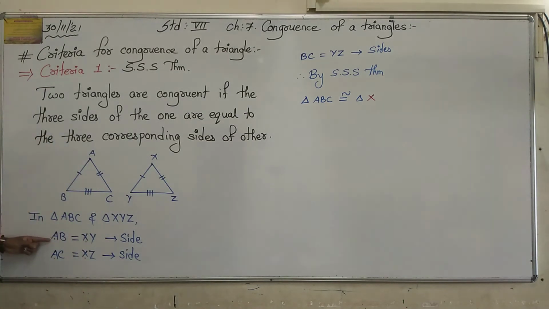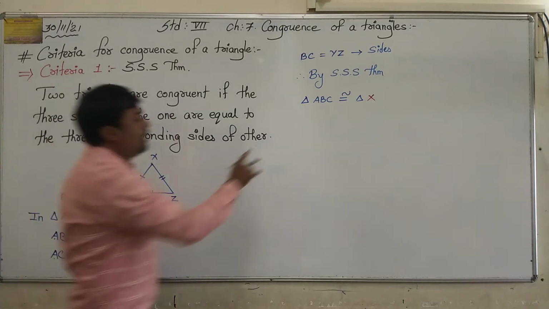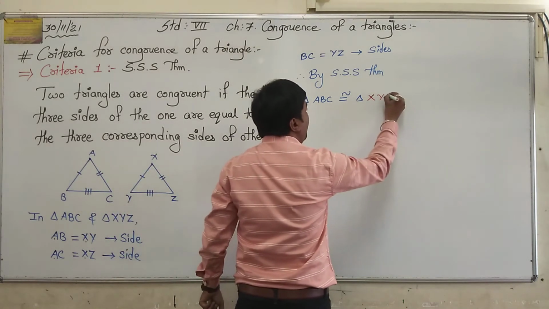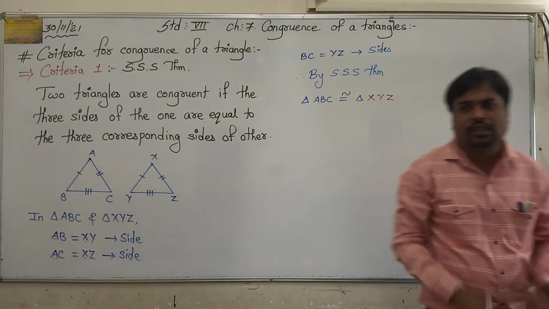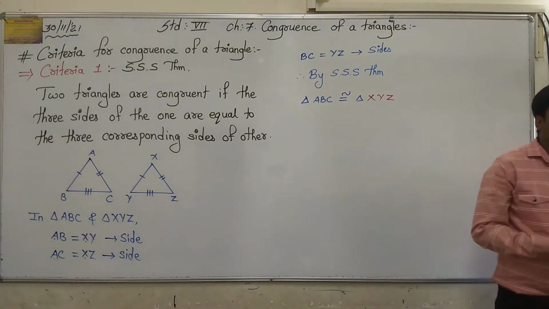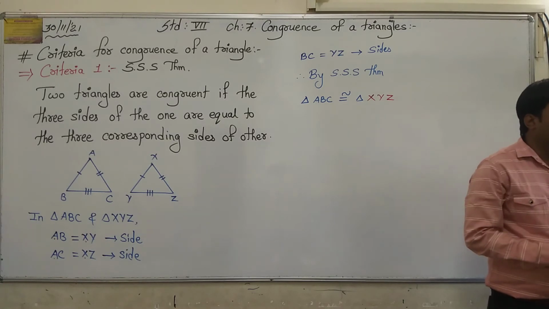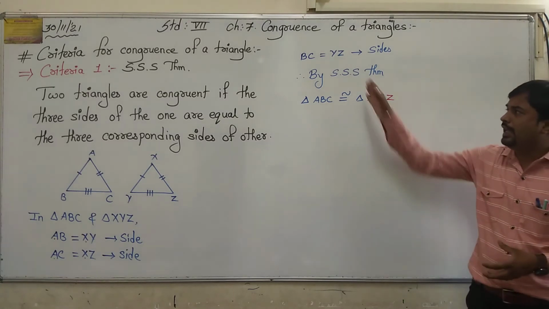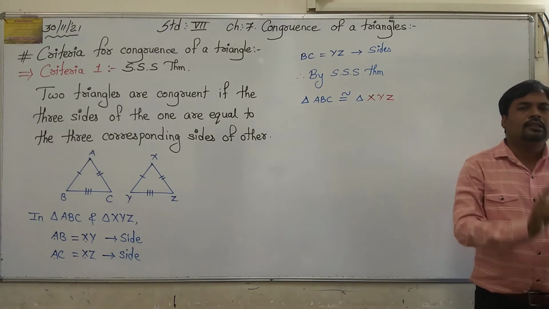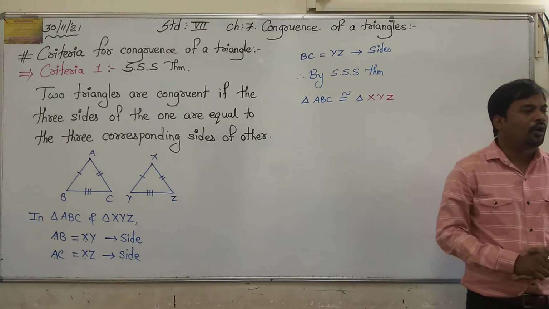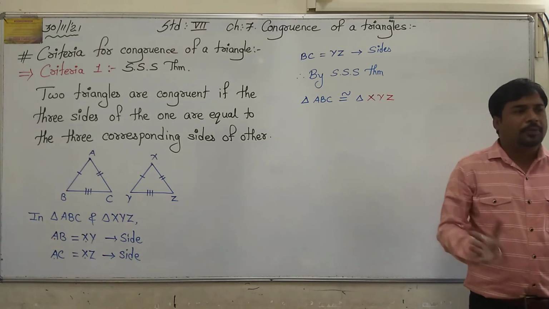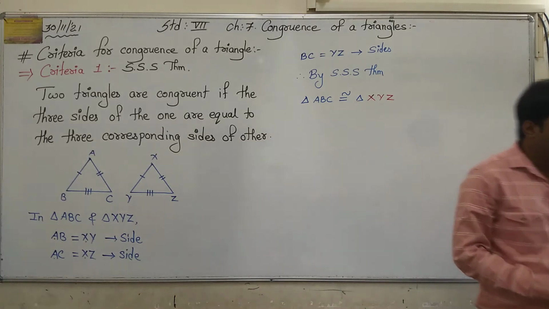A corresponds to X. So B corresponds to Y. So wherever B, we have to place Y. And finally Z. So here is the rule of congruency. If the measure of all sides are equal, then by using the SSS theorem, that is side, side, side, we can say that the given two triangles are congruent. They are Xerox copies, or they are equivalent. Got it?